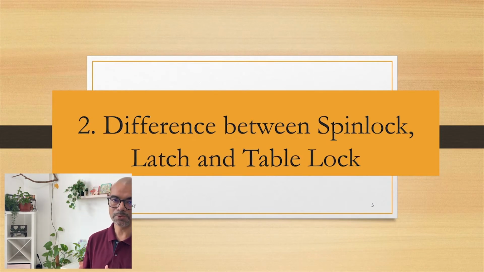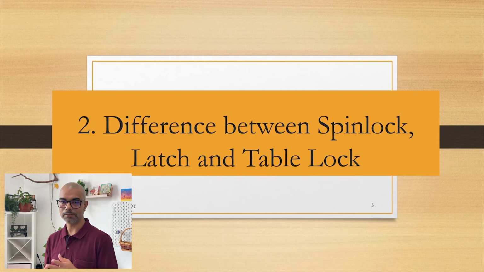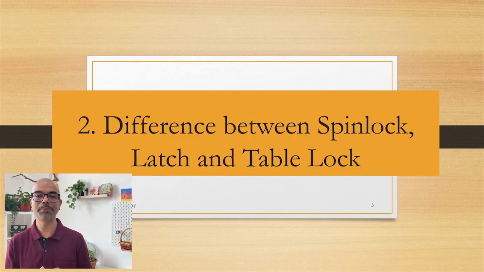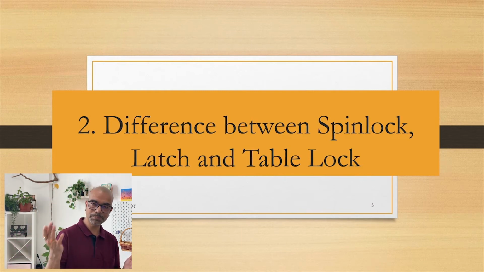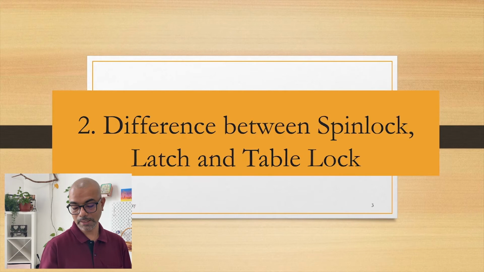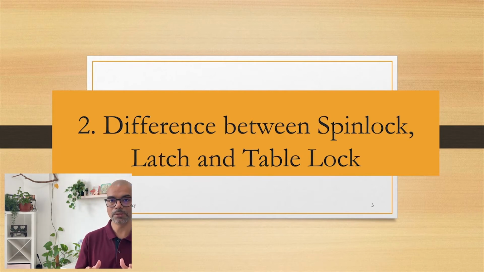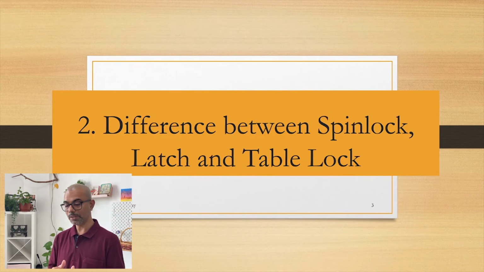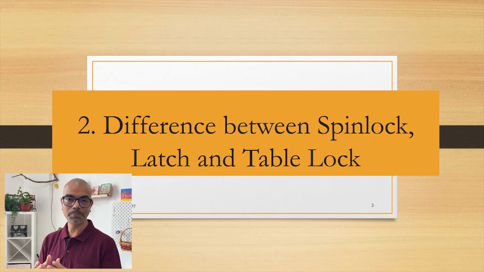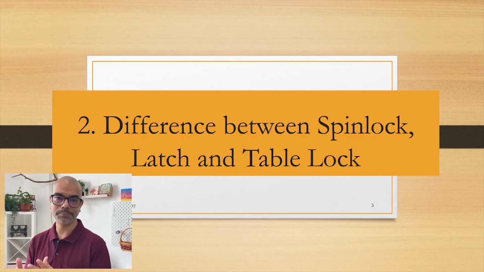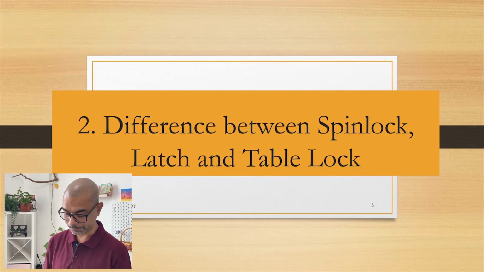It will not come into the picture where we have all page mechanism. But table lock is not something which is dependent on page. It could be on multiple pages, or the complete table itself could be locked. Latch will be for a very short period of time, whereas table lock could be locked for an extended period of time.